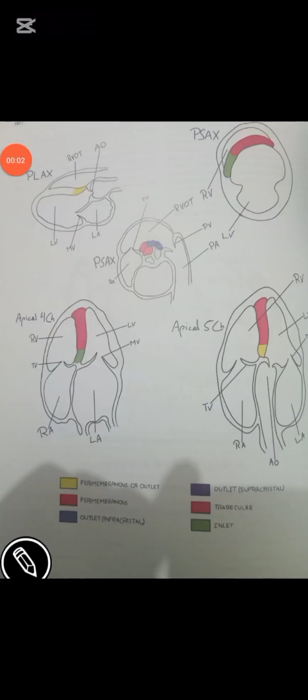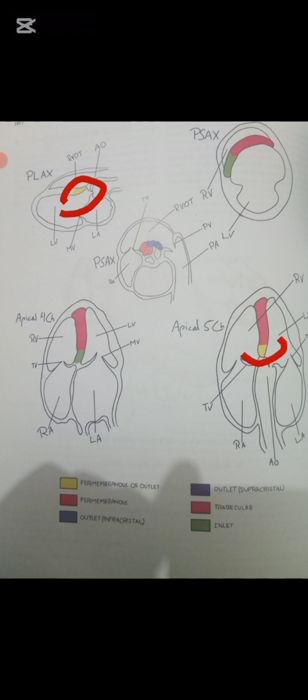Look at these diagrams. All the VSD types are labeled here. After this diagram, I will show the real clips also. In the parasternal long axis window, you will see the perimembranous or outlet, as in the 5 chamber view.